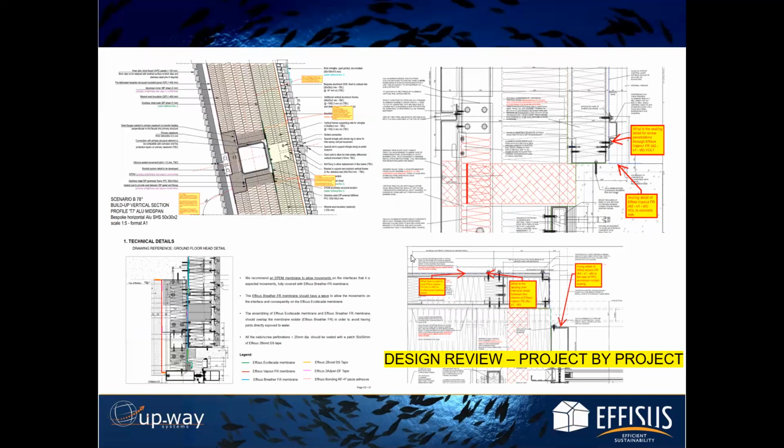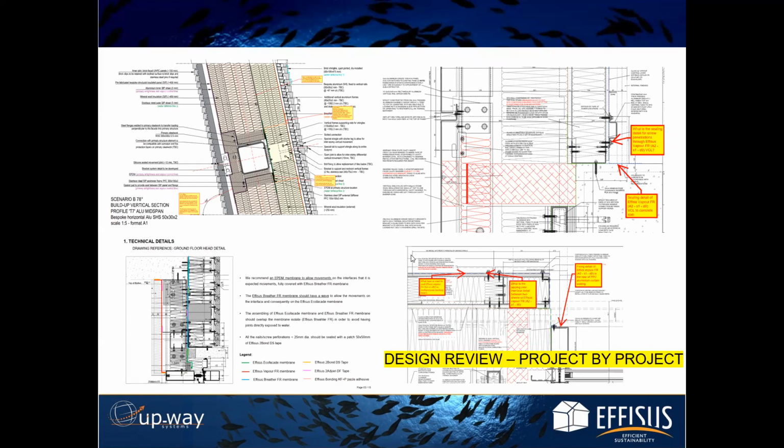And also, for example, here we have 4 more examples of detailing and design reviews that we have done with our clients. For instance, what is the sealing detail for screw penetration through a vapor membrane? How should we seal a vapor membrane to a concrete slab? What kind of adhesive should we use, or what kind of tape should you use in this particular situation? What is the detail for fixing the membrane to rear of PPC aluminum curtain wall, for instance?